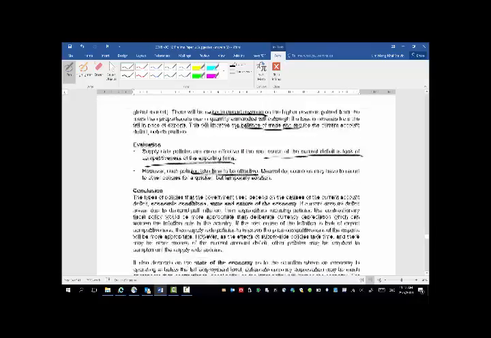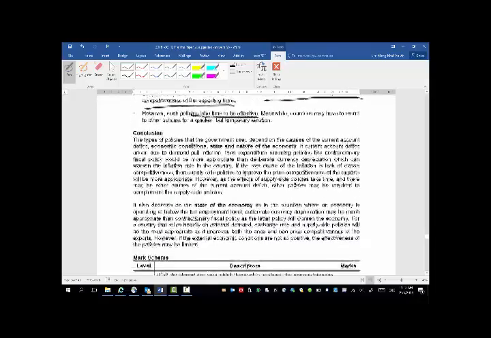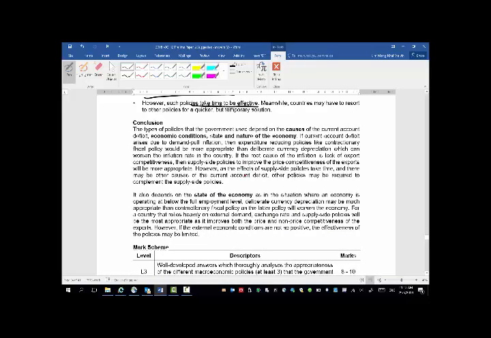So having said all that we have said, this is the evaluation. It really depends on the economic condition, the state and the nature of the economy. If it's due to demand pull inflation, then expenditure reducing policies here, because they reduce AD, will be very appropriate.